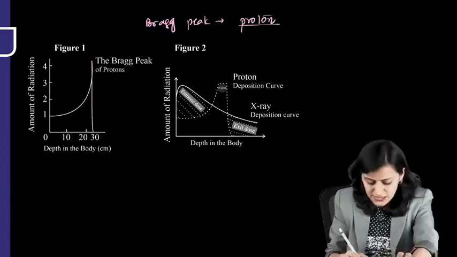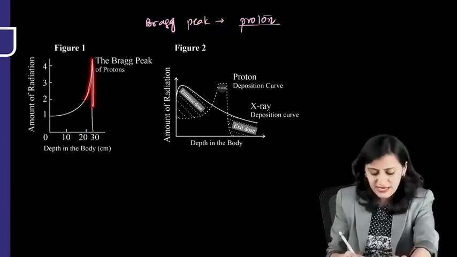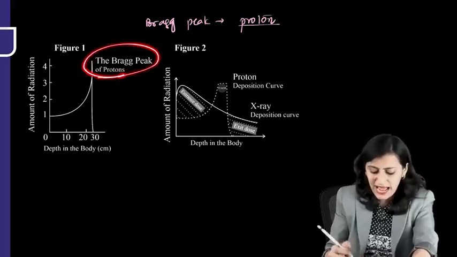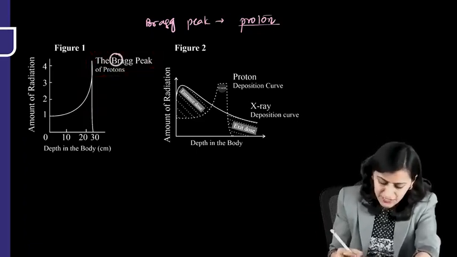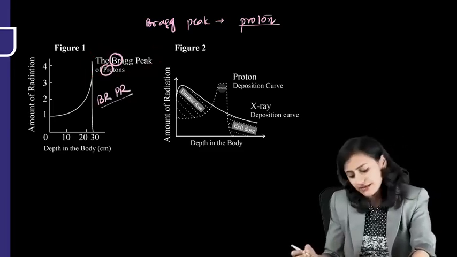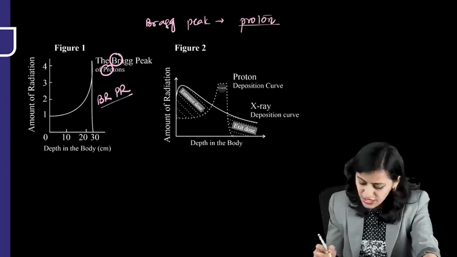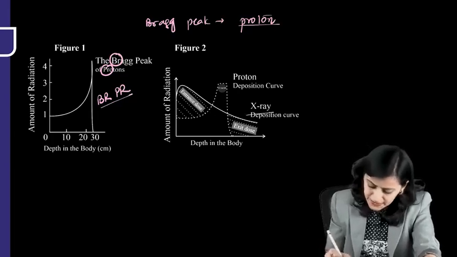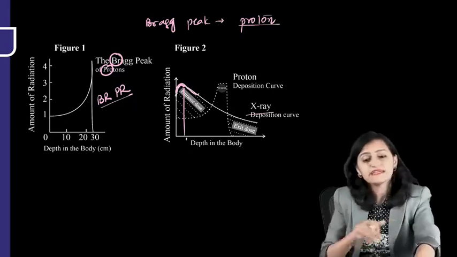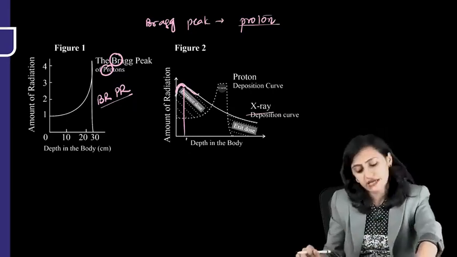So the advantage we said with proton beam is that all the radiation is targeted at the tumor. So that is the Bragg peak. Remember, Bragg peak, BR is PR. Bragg is seen with PR, that is proton. In contrast, X-ray has maximum dose deposition superficially itself. That's why it causes a lot of skin erythema.